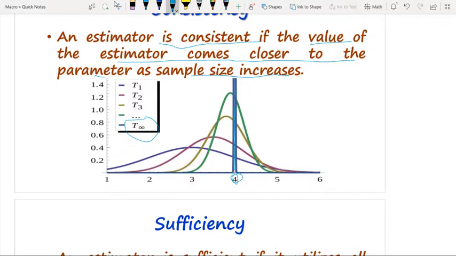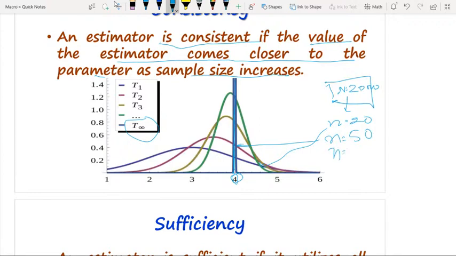So this consistency property tells us that as we increase sample size, for example, we have a population of 2000 elements. In the beginning, we take a sample of size 20 and the distribution is quite flat. Then we increase the sample size and we take a sample of 50 and the distribution comes closer to the true value and its variance falls.